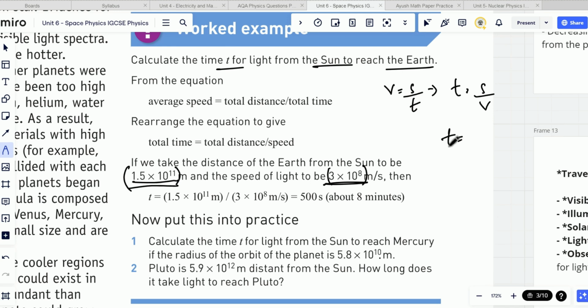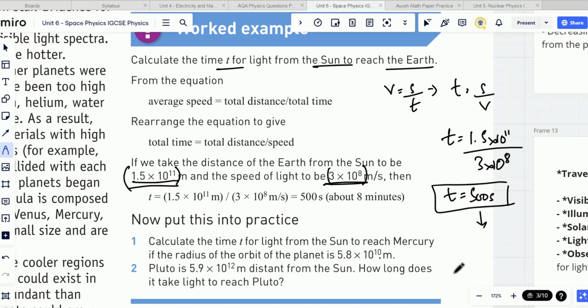If we want to find how much time light takes to reach earth, we know the distance from the sun to earth is 1.5 × 10^11 meters, over the speed of light, which is 3 × 10^8. If you divide it, you should get 500 seconds.